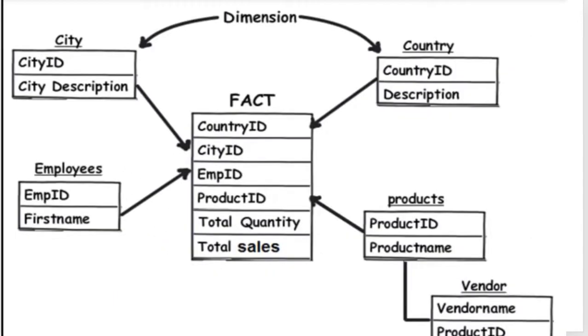And now if we add another table vendor, which share the same product ID as the product's dimension table, then this dimension or this design gonna be called snowflake schema design, because for the product ID dimension, it has 2 tables or it has normalization in it.